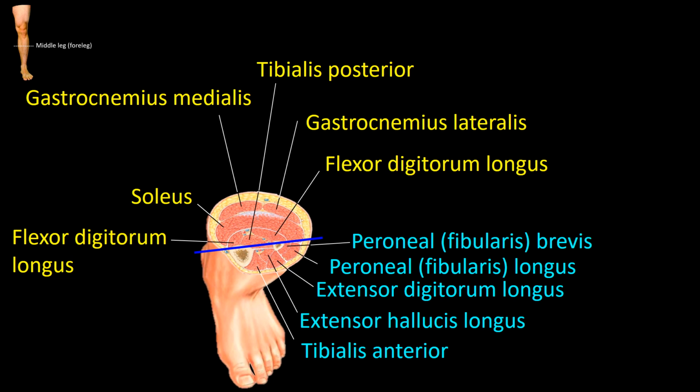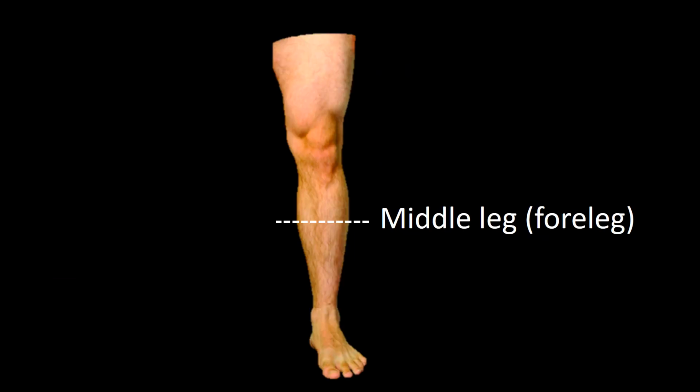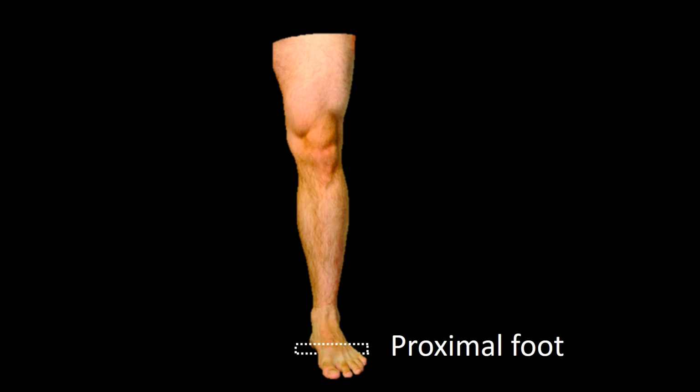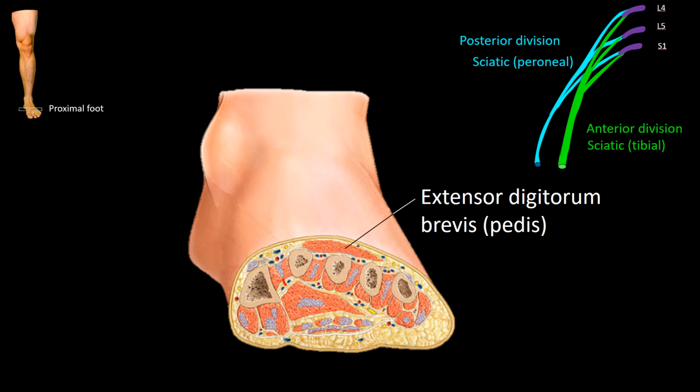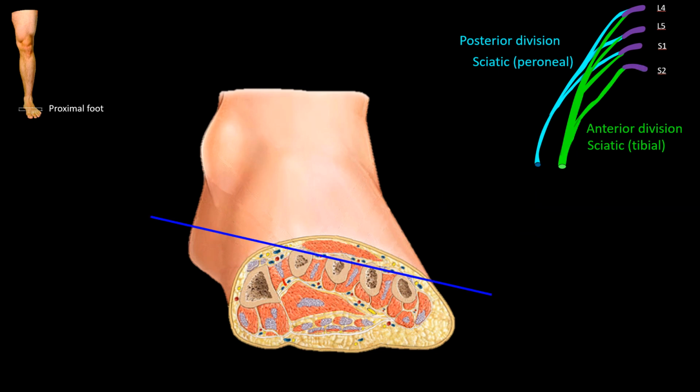After the middle leg transverse cut, we will look at the coronal view of the foot. In this coronal cut of the foot, rather close to the ankle, I have now drawn a line through the metatarsal bones and separated the muscles above the line from those below the line.